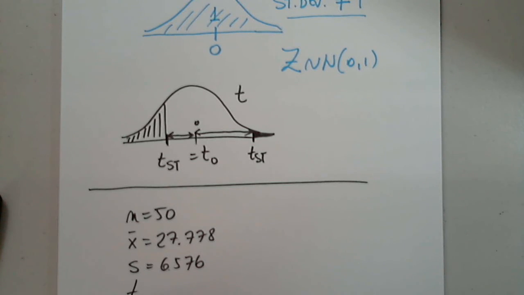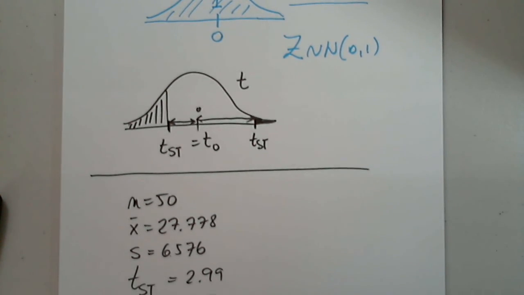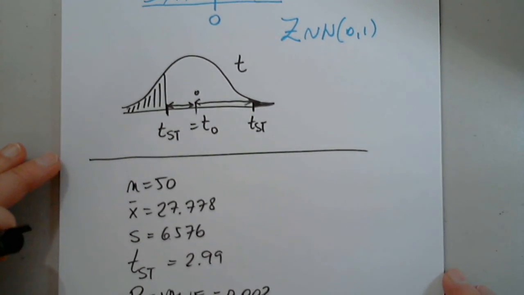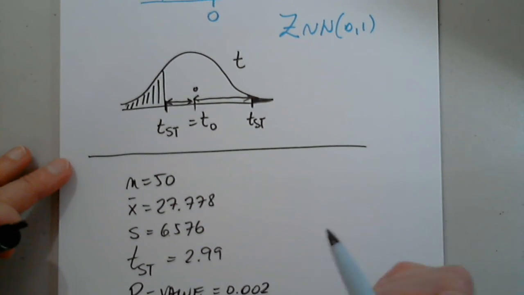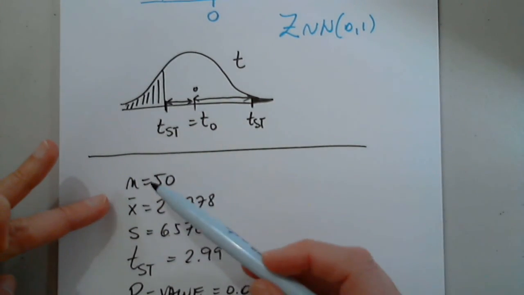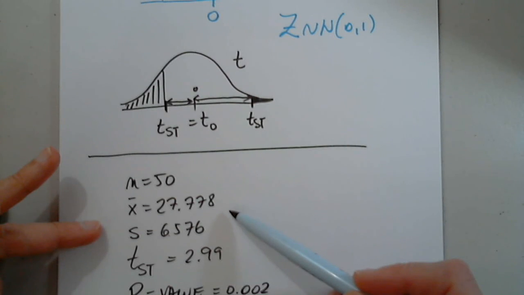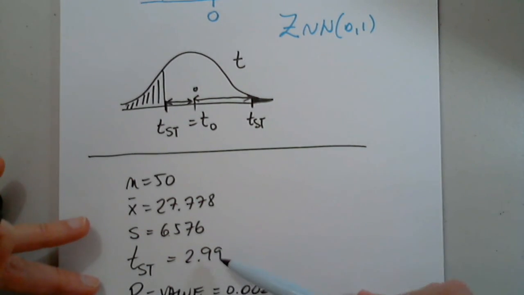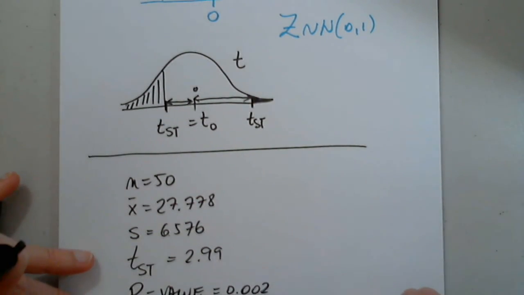So the t statistic is 2.99, and that's not P. It's the p-value, which is 0.002. Okay, let me stop sharing. Again, we have the sample size, sample mean, sample standard deviation, the T statistic, and the p-value.